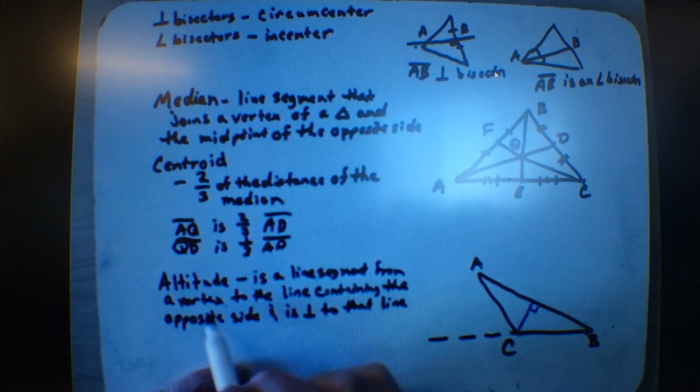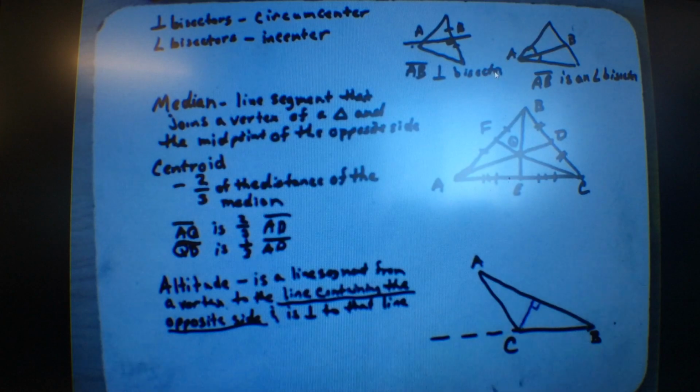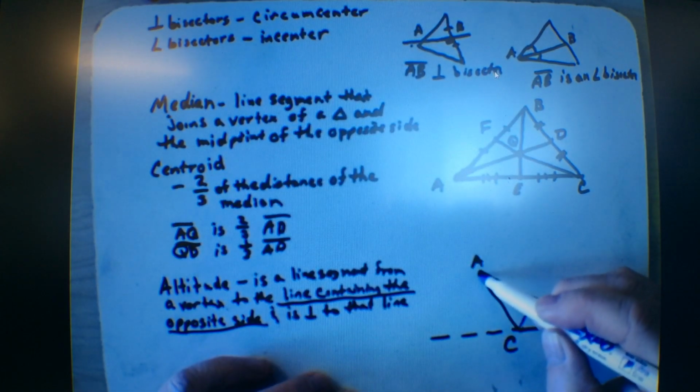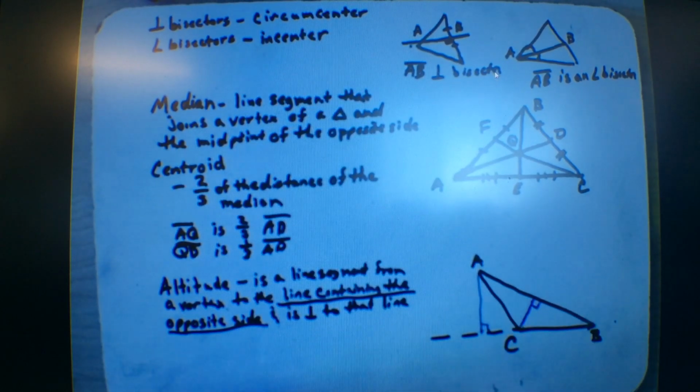That's why we say the line containing the opposite side. The line that I've extended out contains C to B. Do you agree? Okay, now I can draw the altitude, which is straight down, and it looks like this. Okay?